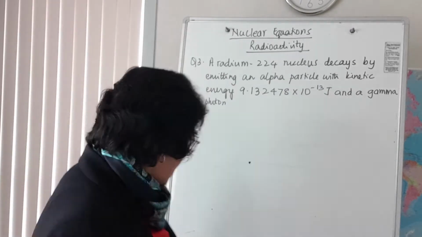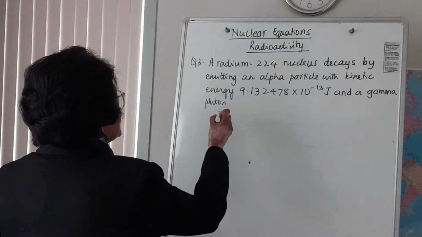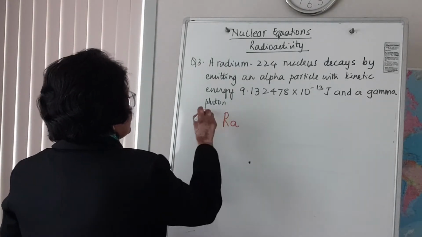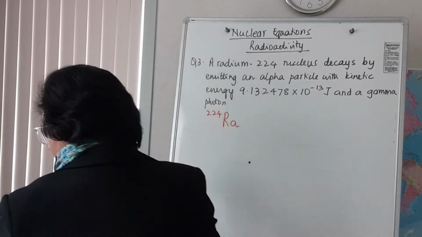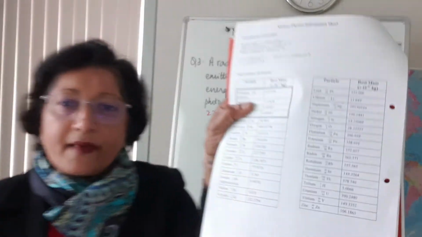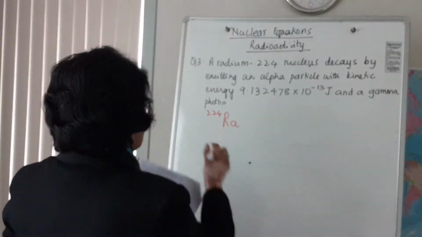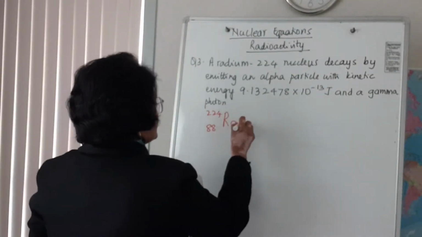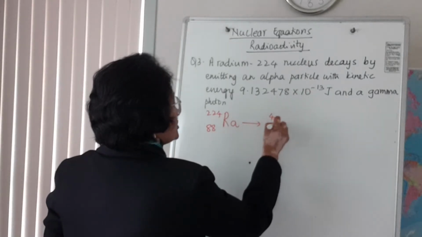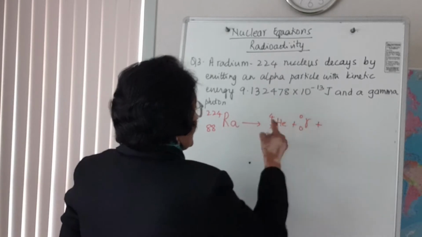So let's start off with writing the equation for radium. Radium 224, and I get the extra details from the back of this. So radium is 88, and it emits an alpha particle, which is a helium nucleus, and a gamma photon, and that's not it.